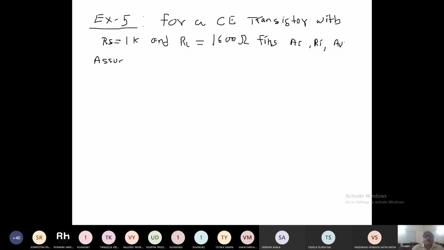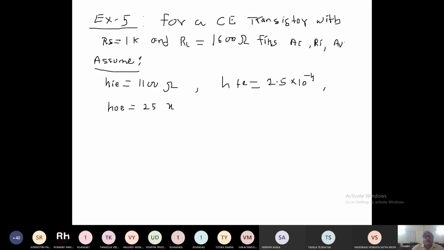Assume HIE is 1100 ohm, HFE is 2.5 into 10 raised to the power minus 4, HOE is 25 microampere per volt.